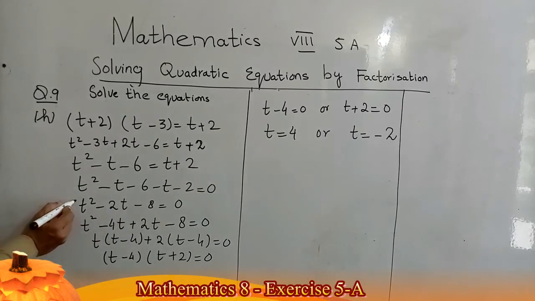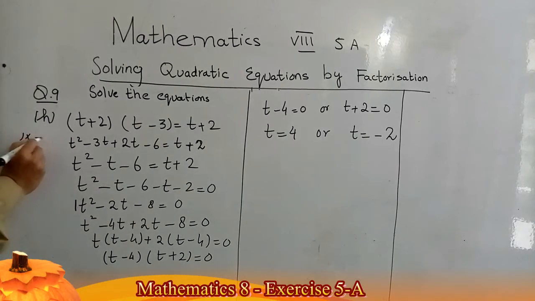Here the coefficient of t square is 1. First of all I will multiply 1 into minus 8, I will get minus 8. Then I will find the factors of 8: 1 into 8, 2 into 4.